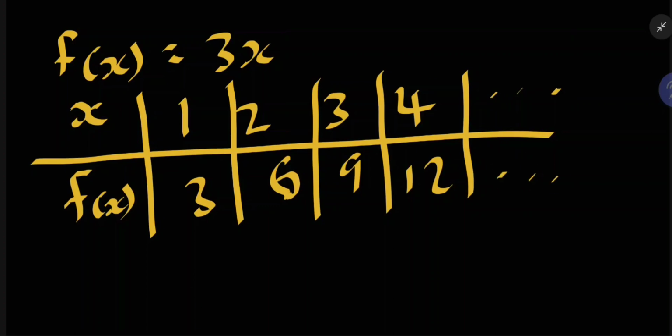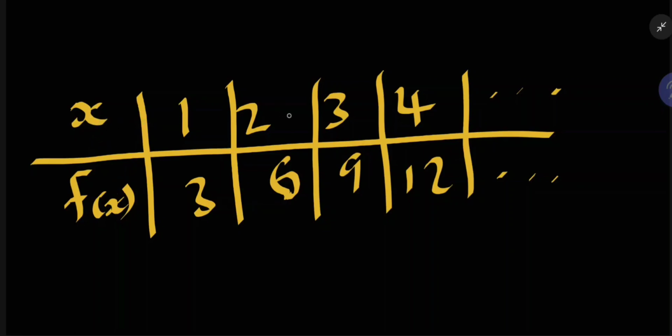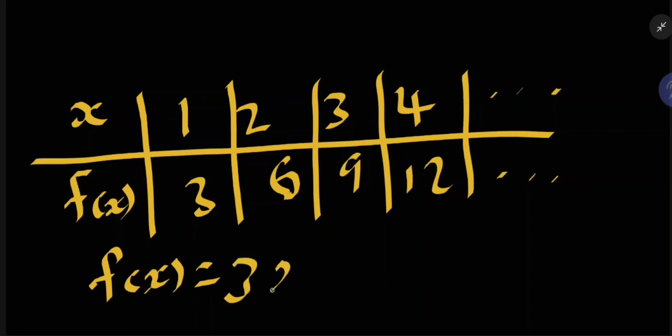So in cases like this, even if you are not given the function, from this table of values, you can see that every input or every value of x is tripled. So you see that f of x is equals 3x.